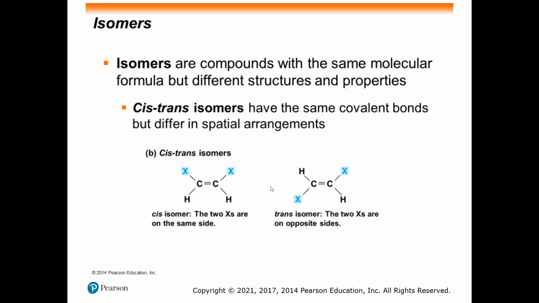Single bonds allow the atoms they join to rotate freely about the bond axis without changing the compound. In contrast, double bonds don't permit such rotation. So X represents an atom or group of atoms attached to a double-bonded carbon.